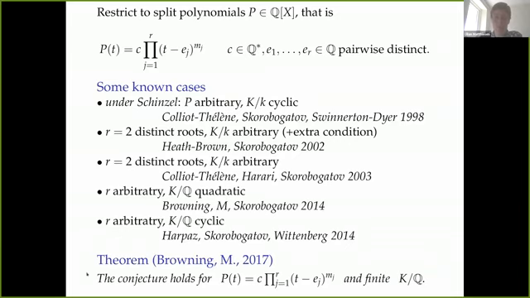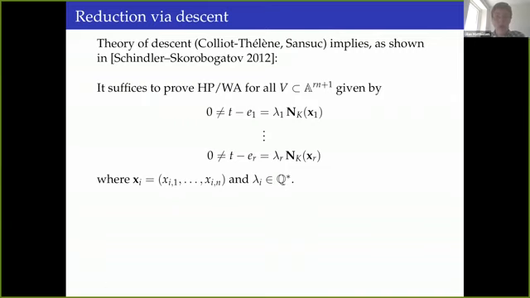I will briefly say how additive combinatorics enters into this result. So to prove this result, we apply descent theory, which implies that the conjecture holds provided one can establish the Hasse principle and weak approximation for certain auxiliary varieties.